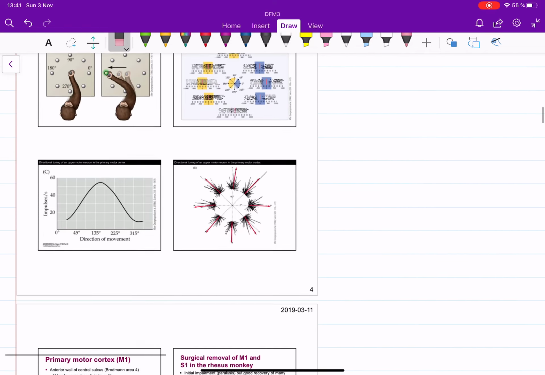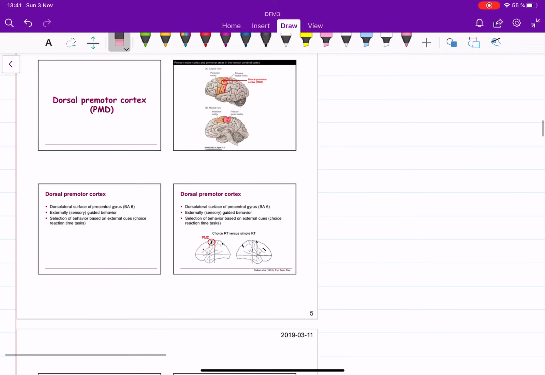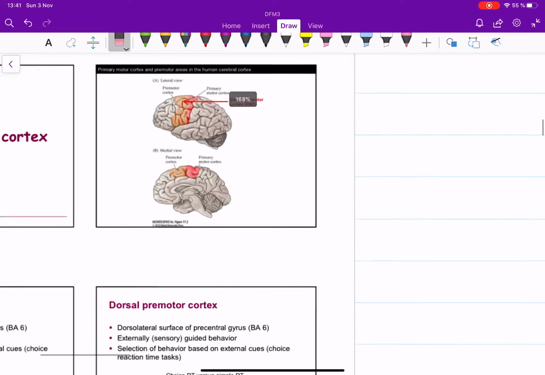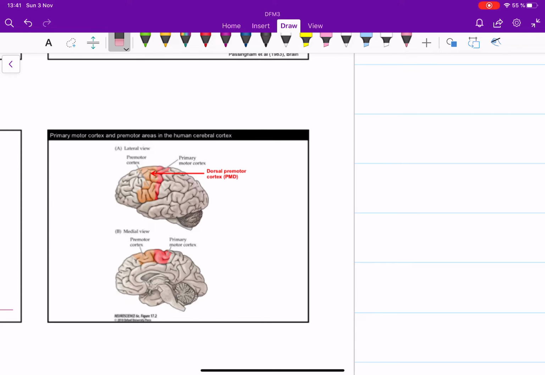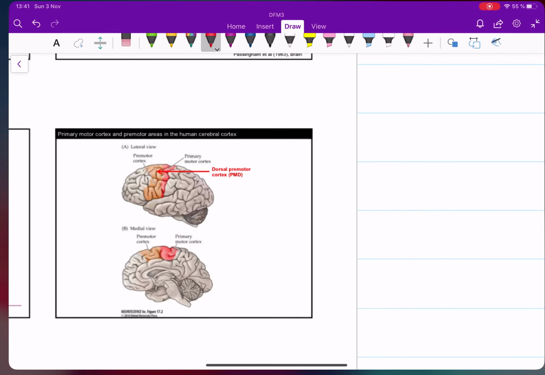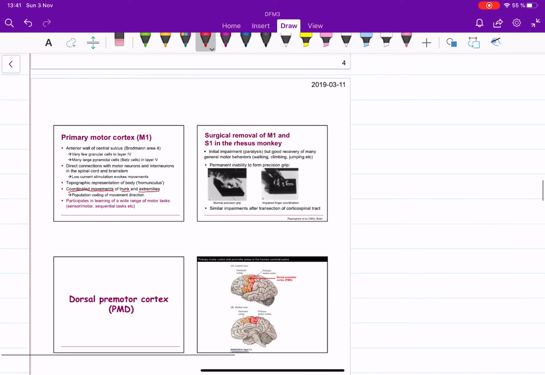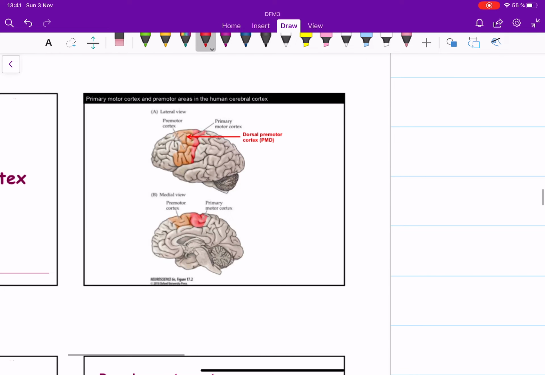Now let's turn to another part, which is the dorsal premotor cortex. The dorsal premotor cortex is located here in the superior part of the lateral view of the premotor cortex.